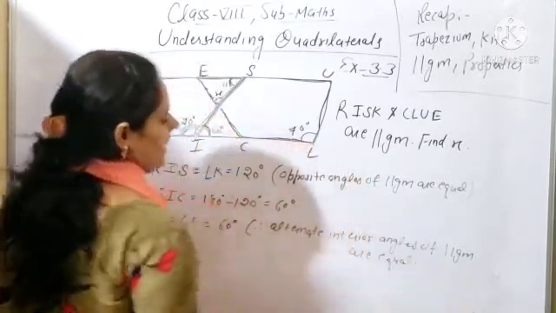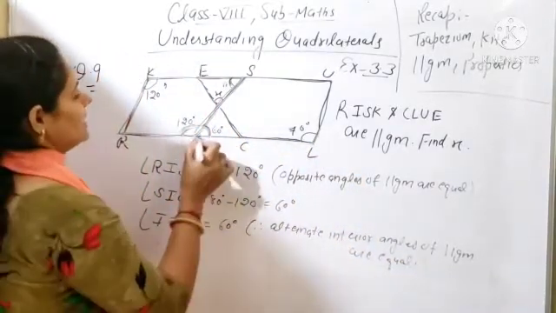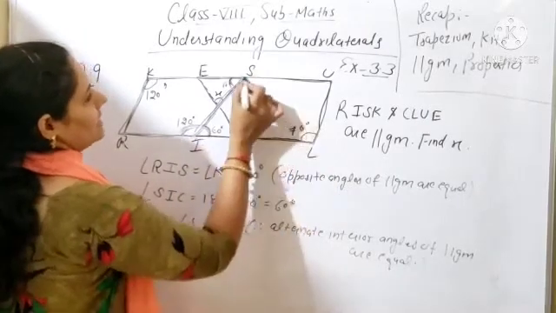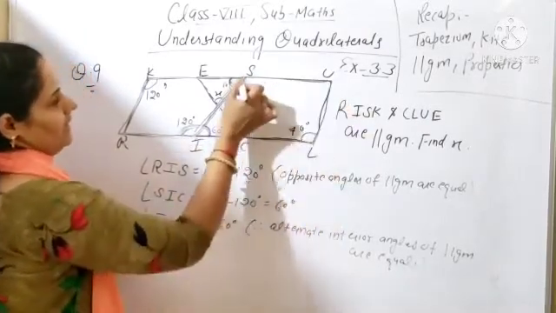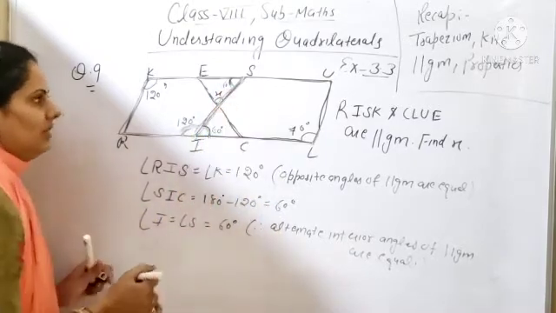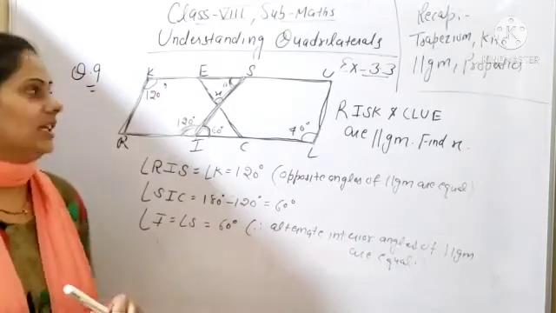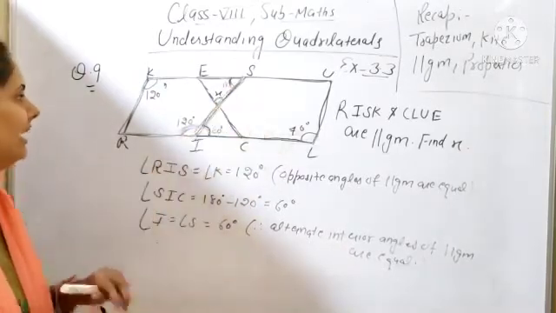These lines IL and SU are parallel lines and this one is the transversal. So alternate interior angles will always be equal. So this angle will be equal to this angle.